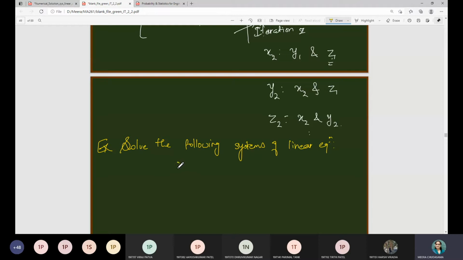The first one we are given is 3x minus 0.1y minus 0.2z is equal to 7.85, 0.1x plus 7y minus 0.3z is equal to minus 19.3, and the third one is 0.3x minus 0.2y plus 10z is equal to 71.4.